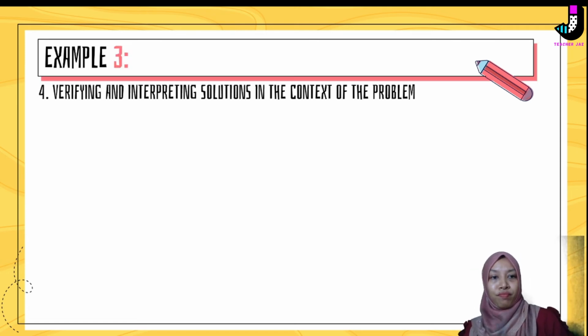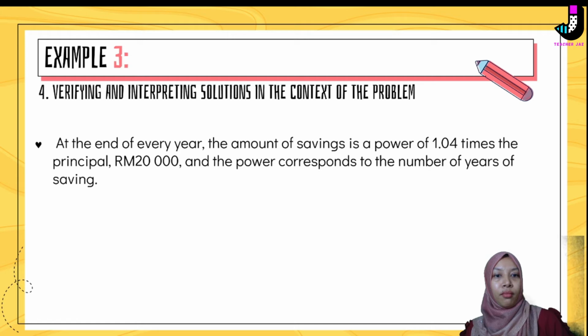So here, at the end of every year, the amount of savings is the power of 1.04 times the principal, 20,000, and the power corresponds to the number of years of saving.